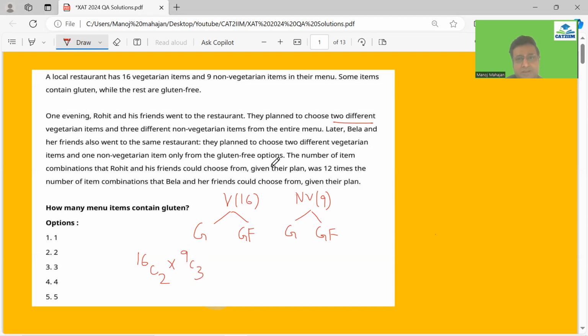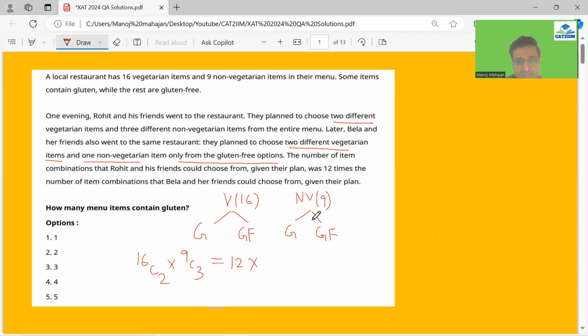Now what is given is Bela and her friends. They plan to choose two different vegetarian items and one non-vegetarian item only from the gluten-free option. And what is given is that the number of item combinations that Rohit and his friends could choose from, this is 16C2 multiplied with 9C3, is 12 times the number of item combinations that Bela and her friends can look forward to.